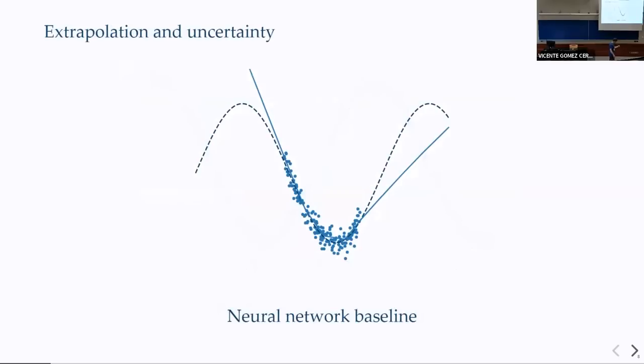Let's go through a couple of different ways that uncertainty can behave, because ultimately we want to build models, and different models might do different things. Here we have another unknown function, shown with the dotted line.